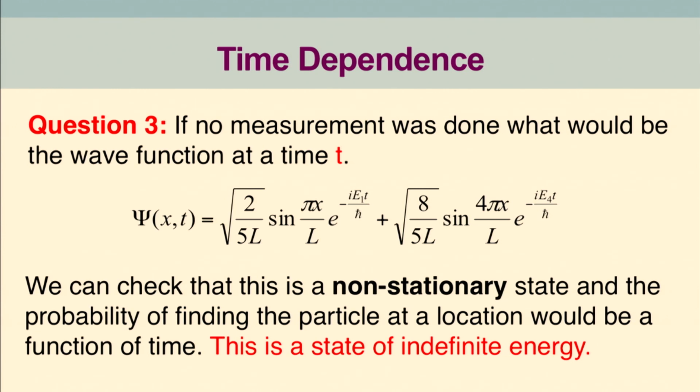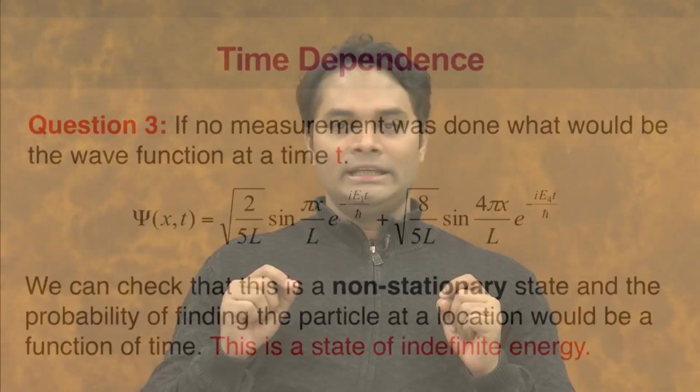In the first term it is exponential minus i E1 t by h cross. In the second term it is exponential minus i E4 t by h cross. We can check that this is a non-stationary state, and the probability of finding the particle at a location would be a function of time because of the exponential minus i t by h cross term. So this is a state of indefinite energy. There is no definite energy to this state at time t.